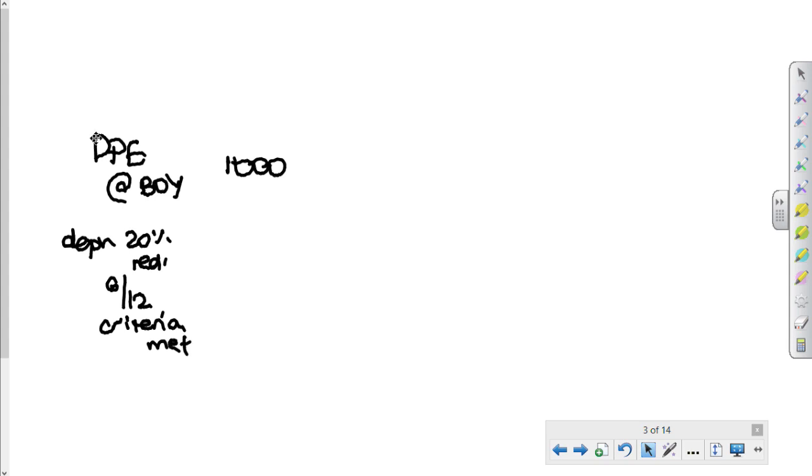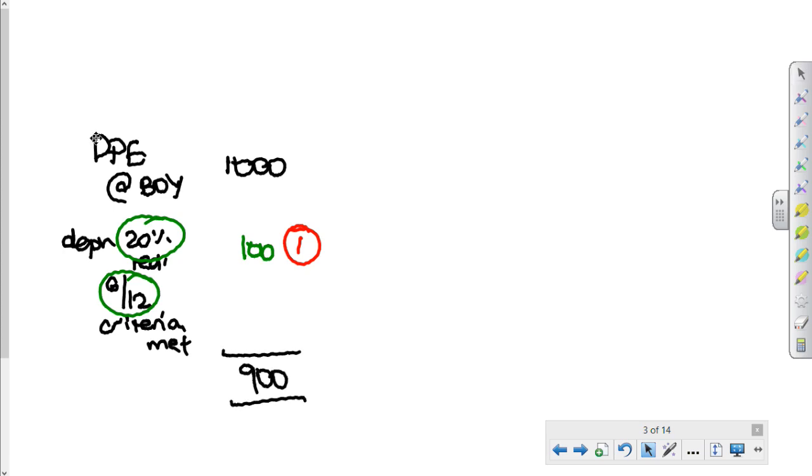So the first step, step 1, is to depreciate to get the carrying amount at that date. At 20% per annum, it would be 200. Halfway through the year, so 20% for 6 months, my depreciation is 100, and then my carrying amount is 900. That is step 1, to get me to the date where the criteria is met.